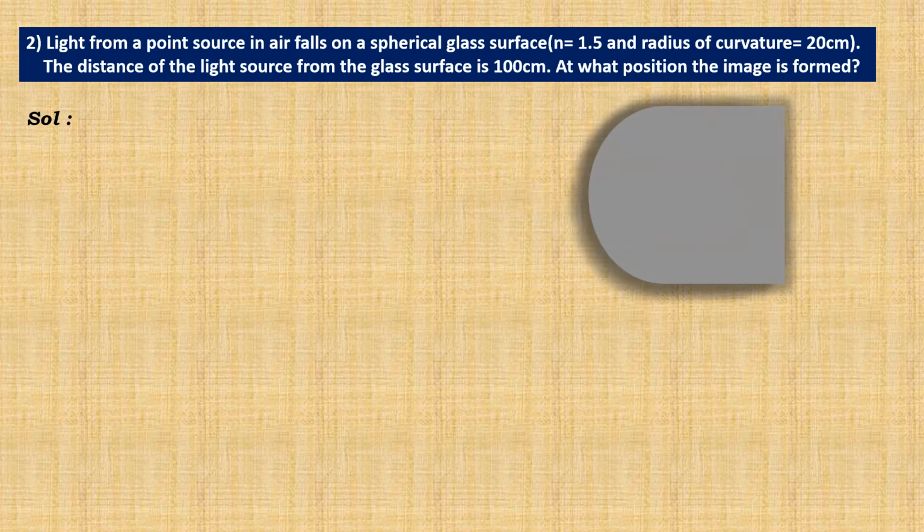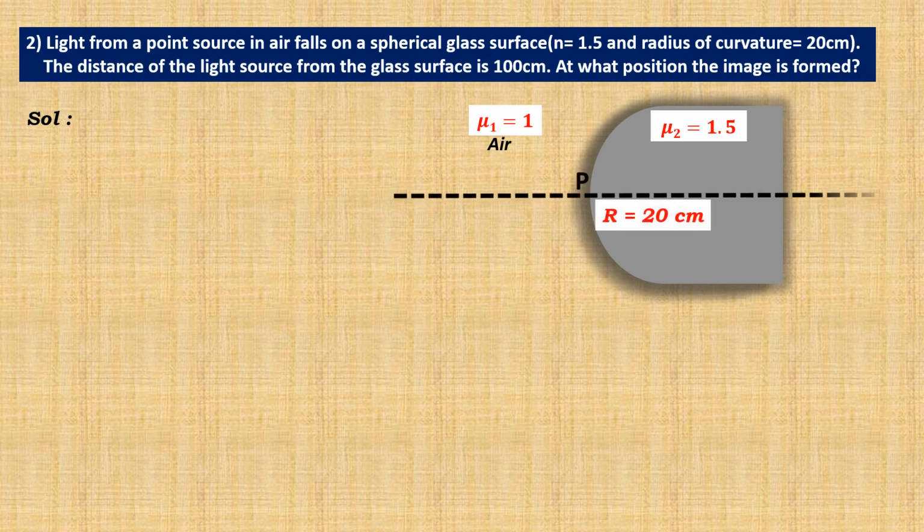So there is a glass surface, and as light traveling from air into the glass surface, refractive index of air is taken as mu1, that is equal to 1, and refractive index of glass surface is taken as mu2, that is equal to 1.5, and glass surface has a radius of 20 centimeters. Let P be the pole of the glass surface.